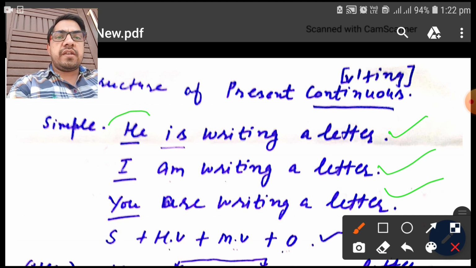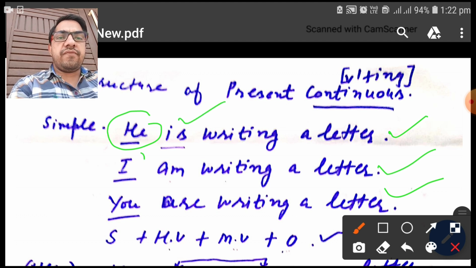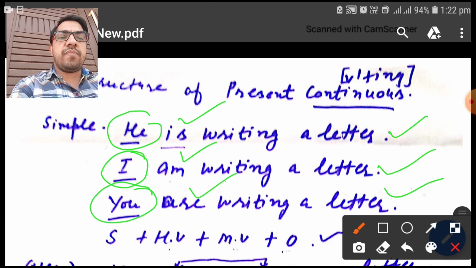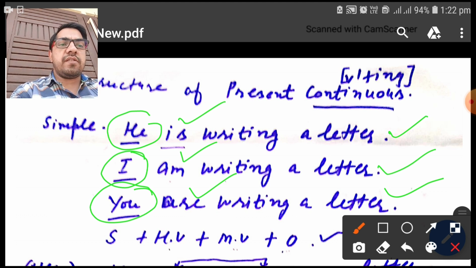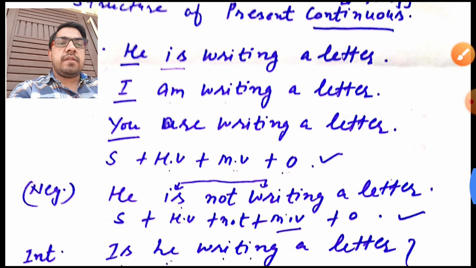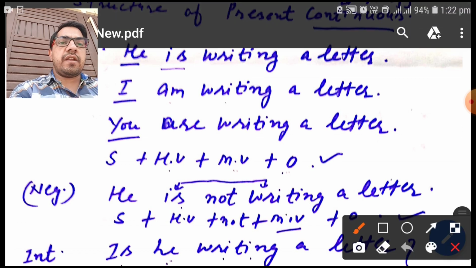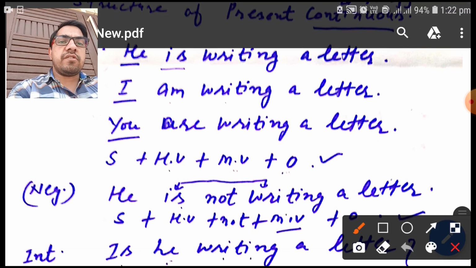If we write he, then we should use is. If we write I, we should use am. If we use you, we should use are plus first form plus ing, and after that the rest part of the sentence. This is the structure of a simple sentence of present continuous.